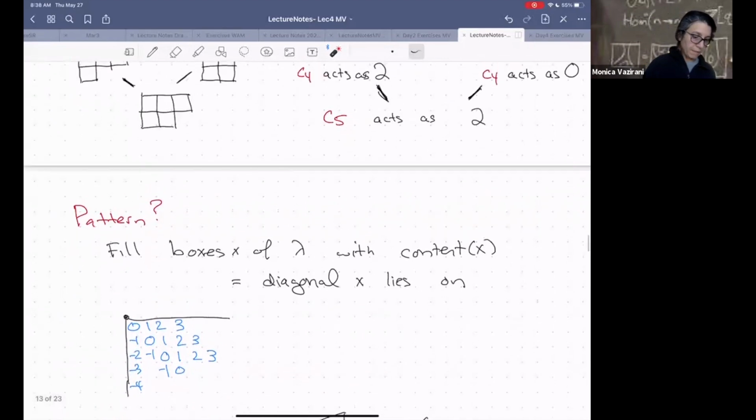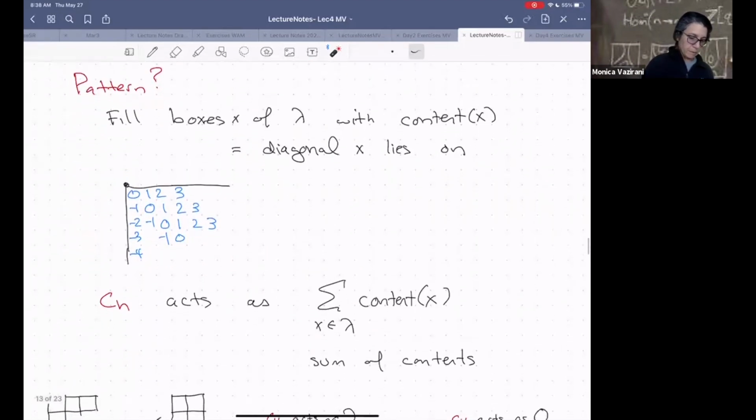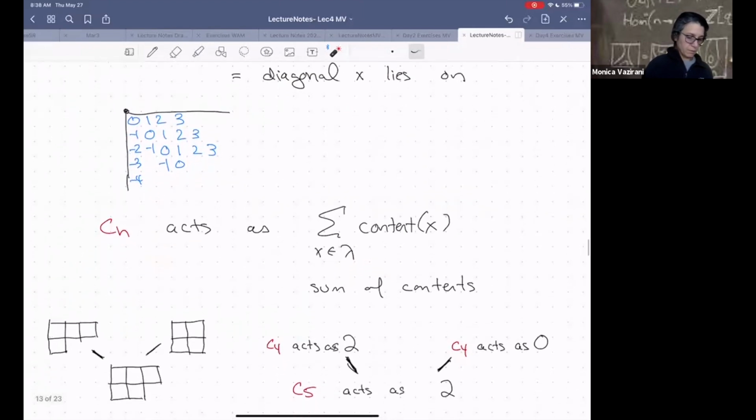Now, having done that, I can read off from this content filling the scalars by which the central element built from transpositions acts. I just sum up the contents. For instance, how did I get that C4 acts as 2? I look here for how to label my diagonals: I always label the main diagonal as 0, and then I go from there.